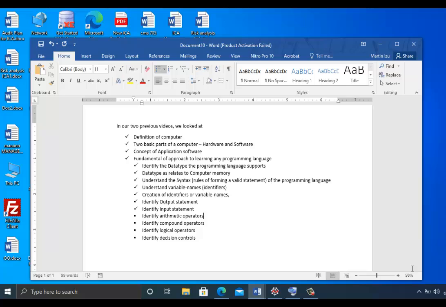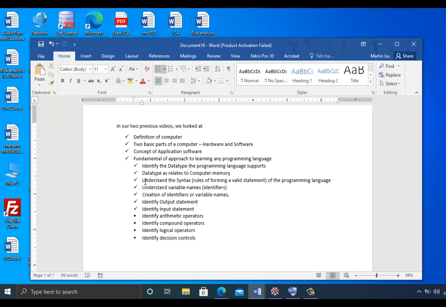Then we looked at understanding what syntax is all about, the rules that govern that programming language. If you want to make a valid statement in that programming language, you need to know the rule that you need to apply. I also used the English language as an analogy: in English language we have parts of speech, the noun, the verb, and all sorts.